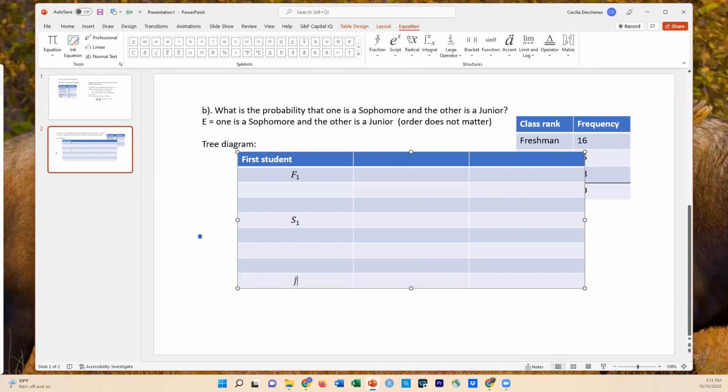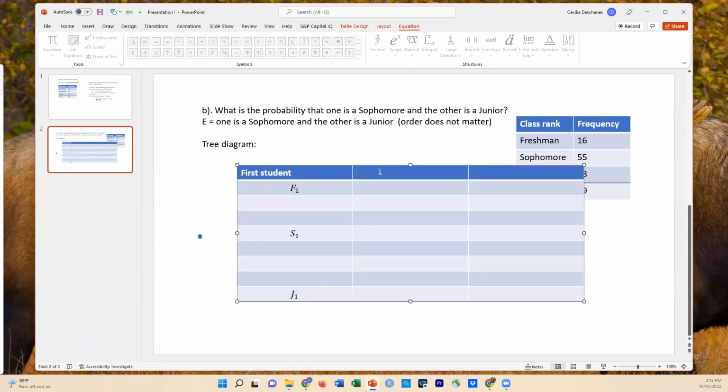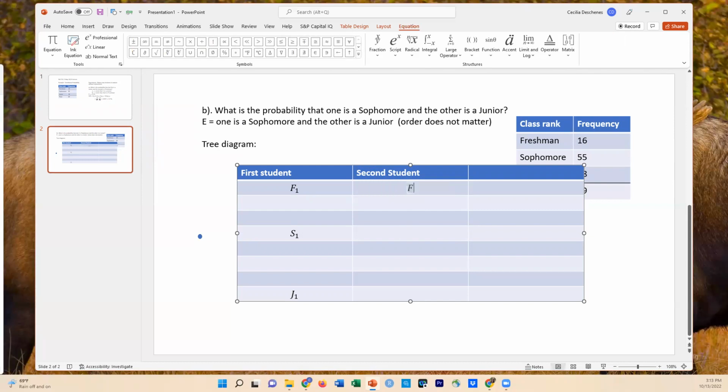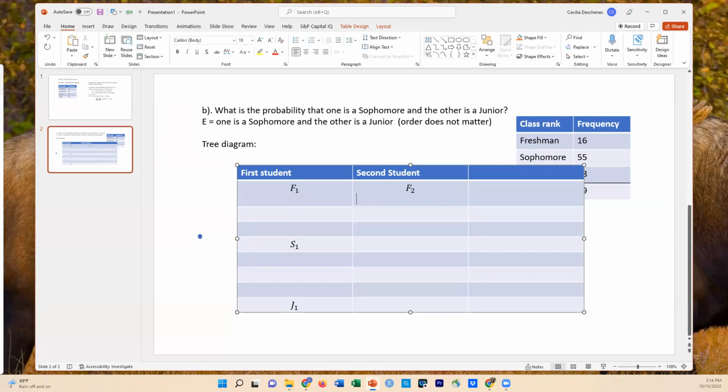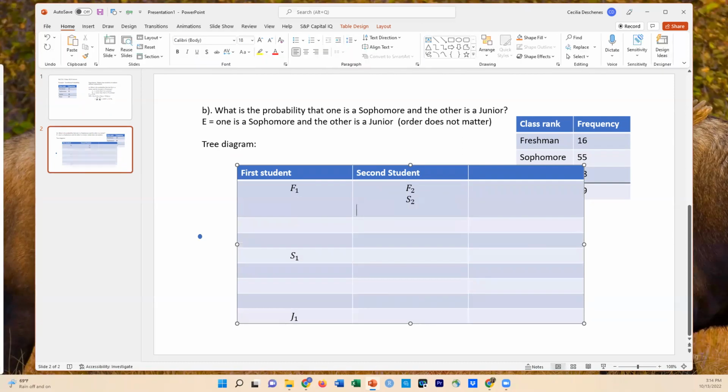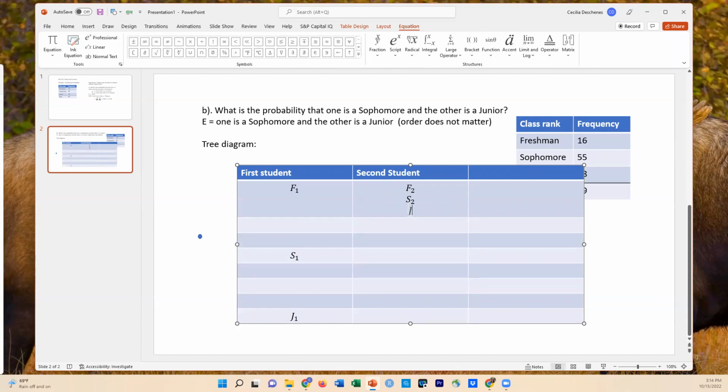Okay, and then to do our tree diagram, what we want to do for the second student is, in this square, have that the second student is a freshman, or the second student is a sophomore, or the second student is a junior.